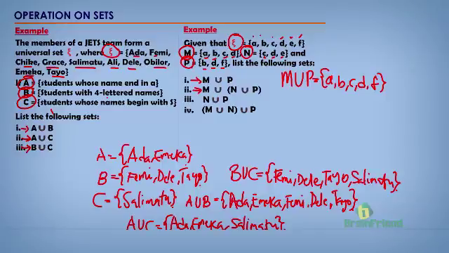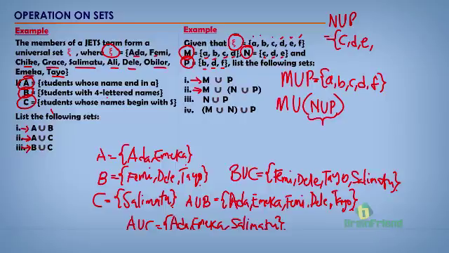We've been asked to list the elements of the set M union, all in bracket, N union P. To do this, we'll first find our operation that is enclosed within the bracket, and that's N union P. N union P will be the set that has all elements in N and P. The elements listed in the set N are C, D, and E, while the elements in P are B, D, and F. D is listed but is also present in N, hence we do not repeat it.